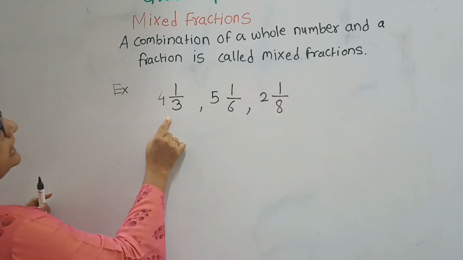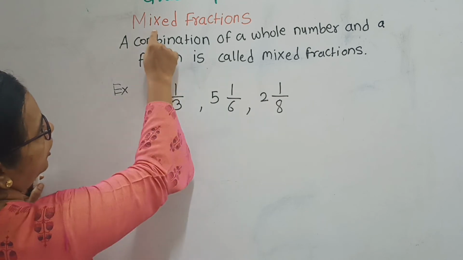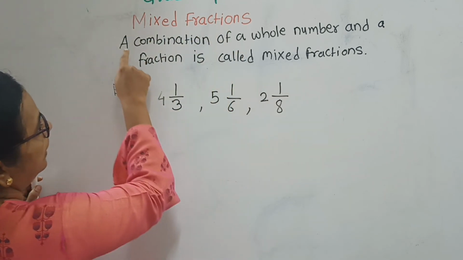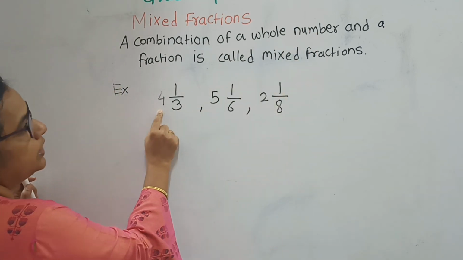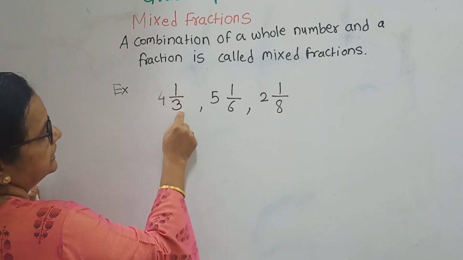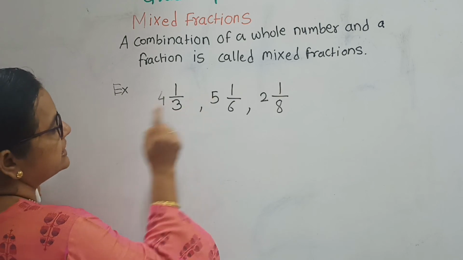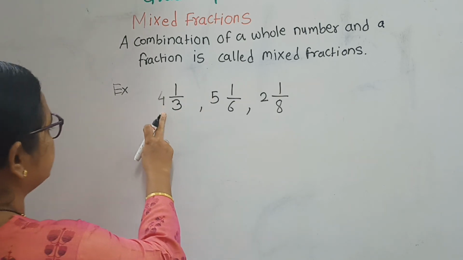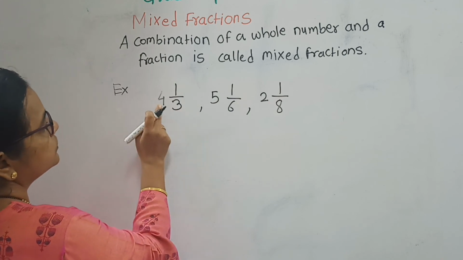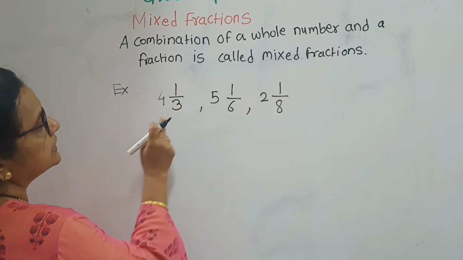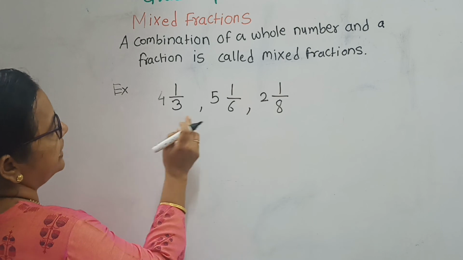Children, see here the examples of mixed fractions. A combination of a whole number and a fraction is called a mixed fraction. In this example, 4 is whole and 1/3 is a fraction, so 4 1/3 is called a mixed fraction.